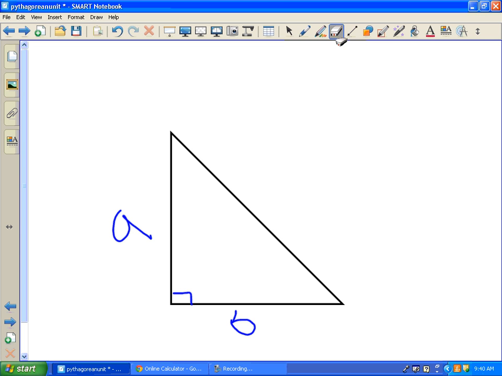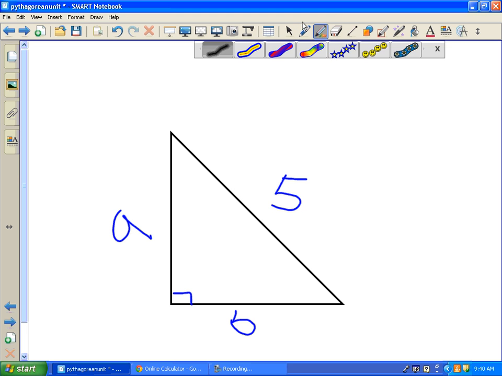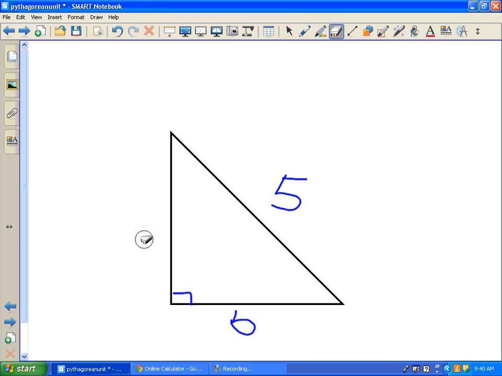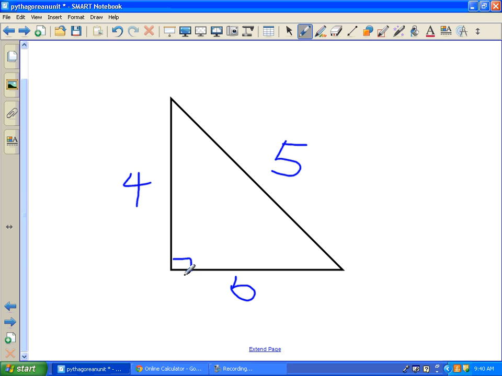Let's say I'm going to make it 5. Let's say I put something in for a, and I think I'll make it 4. Now we want to figure out what is b. Well, we can always use our trusty formula again. c squared equals a squared plus b squared.